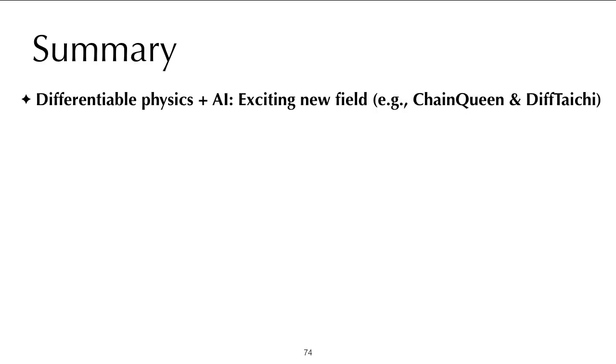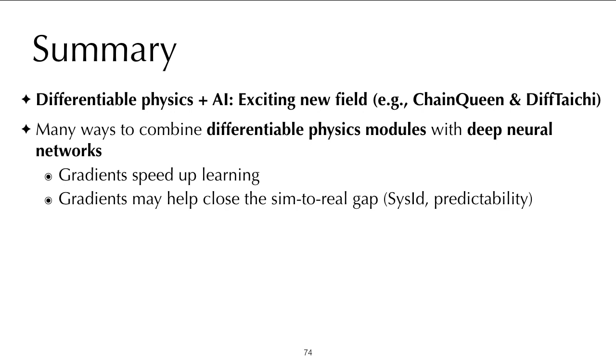So in summary, differentiable physics and AI, the combination is a very exciting new field, and we have explored it with Qin and DiffTaichi with very promising results, and we do enjoy research in this direction. There are many ways to combine differentiable physical modules and deep neural networks. You can use it to speed up learning.